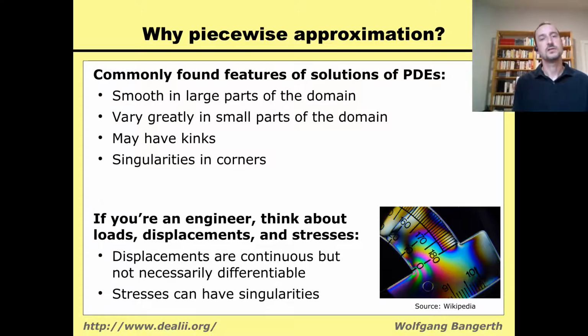So these are the things where we have an intuitive understanding of what these solutions look like. Cracks happen in exactly those places where the stresses go to infinity, for example. So the fact that solutions of PDEs look like this should not really come as a surprise if you have thought about, let's say, how bodies deform, if you remember the connection between displacements and stresses, for example.